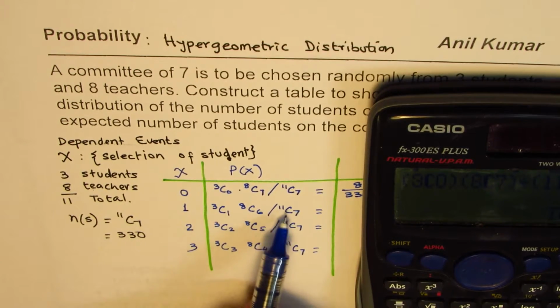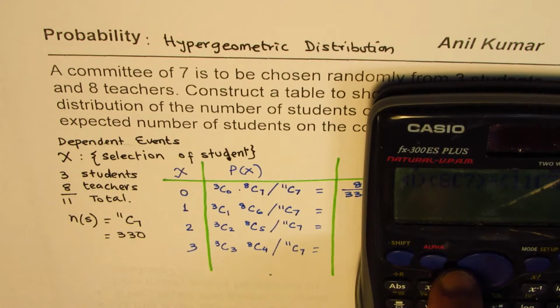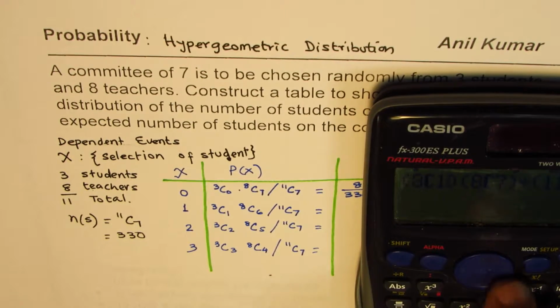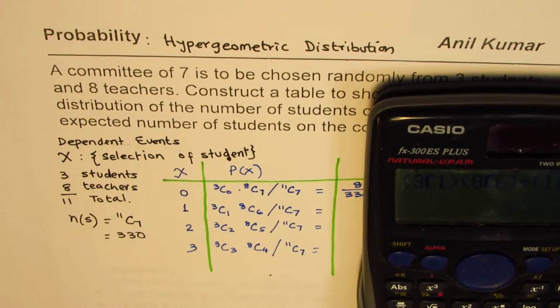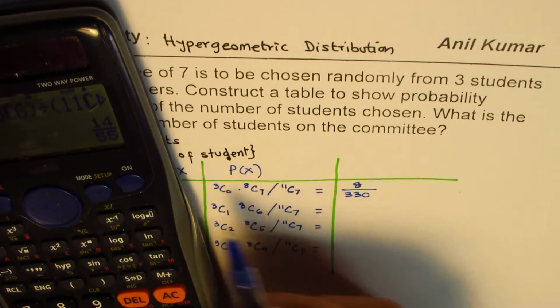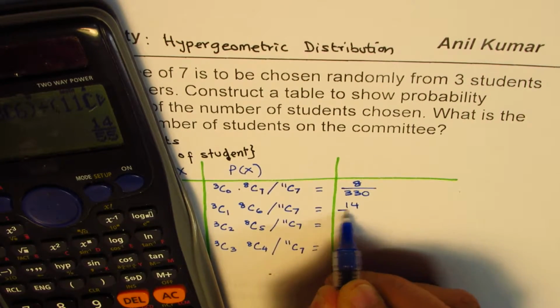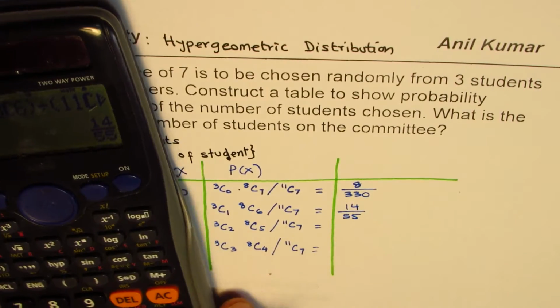Since I have inputted the formula, now we'll change the values. So we have 1 here and 8C6 there. The denominator is same, and that is equal to 14 over 55. Okay, no problems.